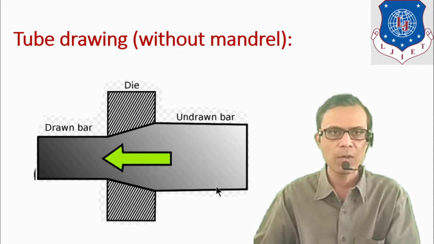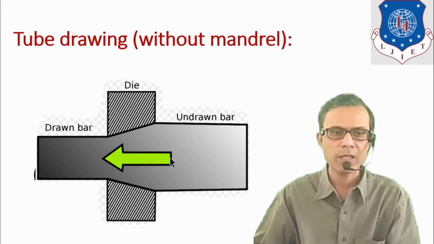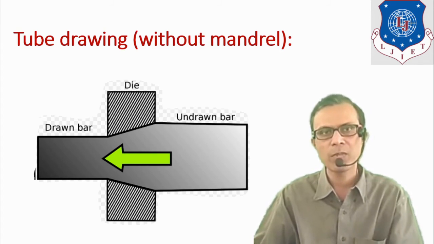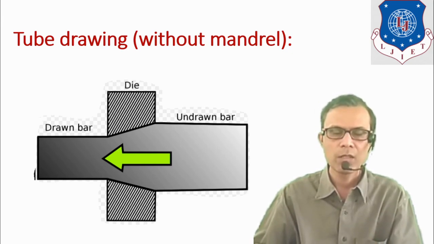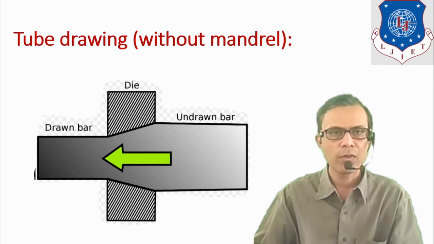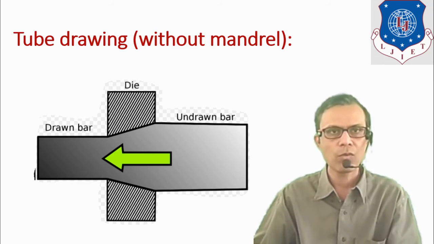It is an undrawn bar and this is the die opening. Pulling force is applied in this direction, which is shown by this green arrow, and through the die opening it is coming out. As per the diameter of the die, the cross section of this tube will be reduced. Seamless tubes can be produced to reduce the cross section or the wall thickness by this process.